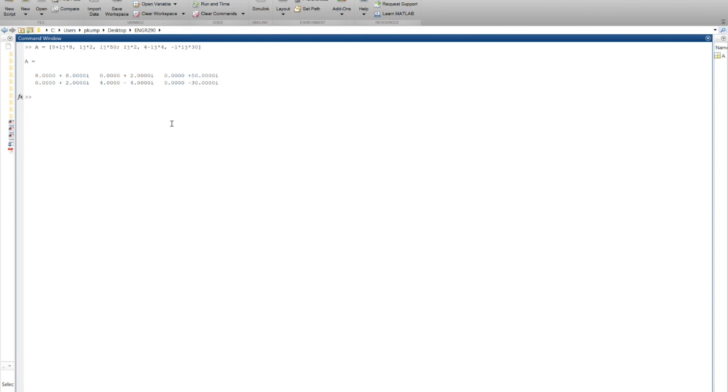So now I'll execute the command RREF. That's the reduced row echelon form of A, right? And hit enter. And there is our answer. All right, so this tells us that, again, notice it's diagonal. So this is 0, and this is 0.